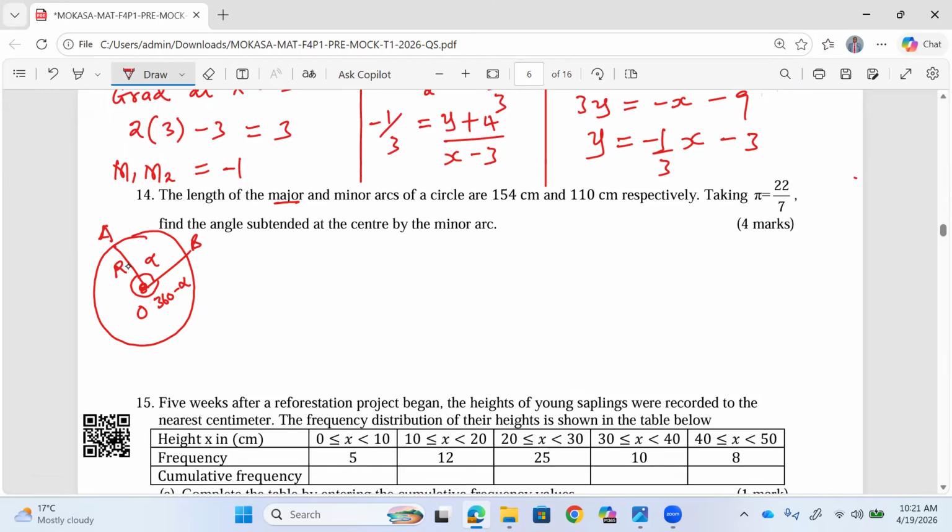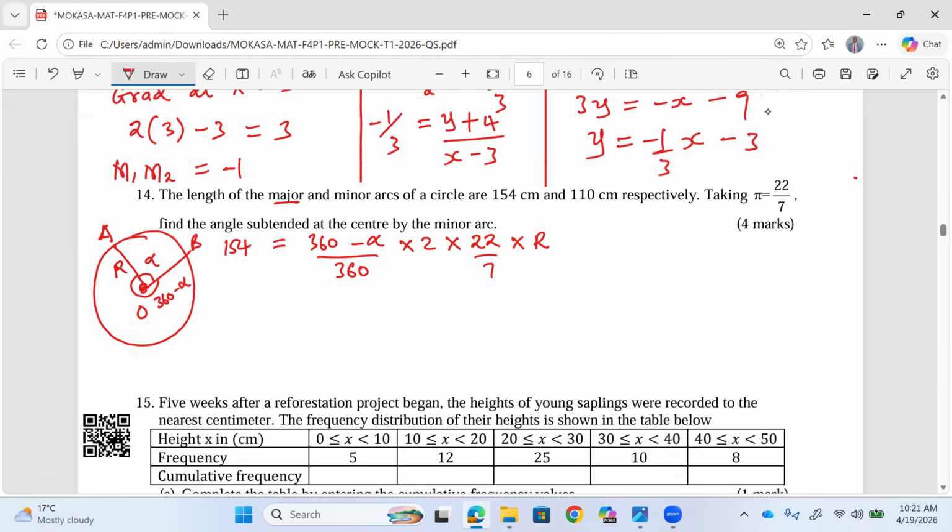Radius is not known. So can we say this? For the major arc, it will be 154. And the arc length is given by beta, which is 360 minus alpha over 360 multiplied by 2 times 22 over 7 times radius, which is also unknown.